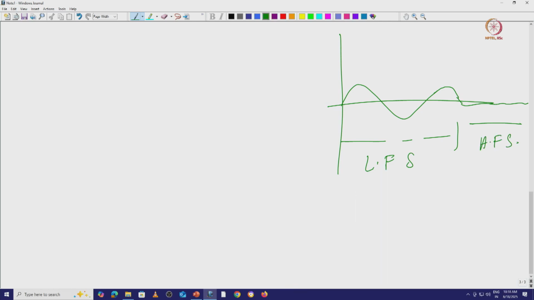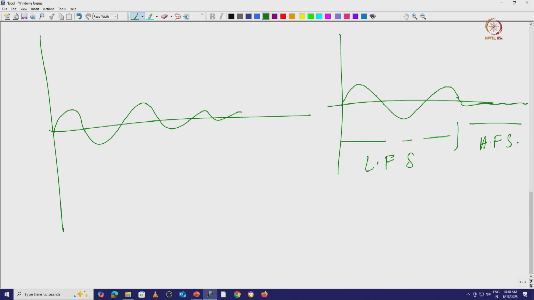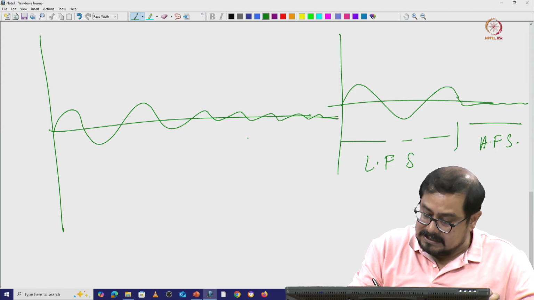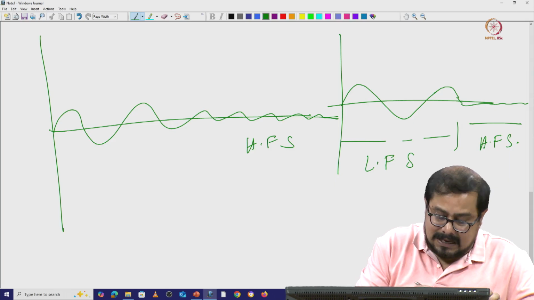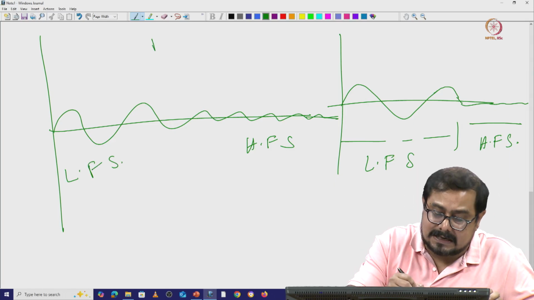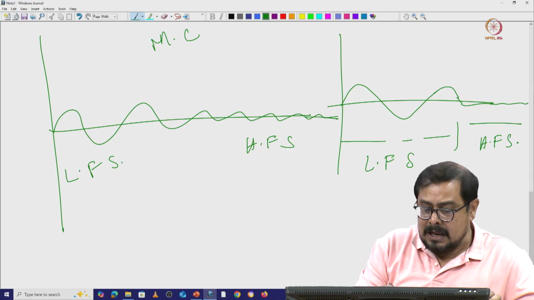Now, when you do the motion correction, you have a low frequency signal and you also restore your high frequency signal. This is your high frequency signal and this is your low frequency signal. So after motion correction you restored it.